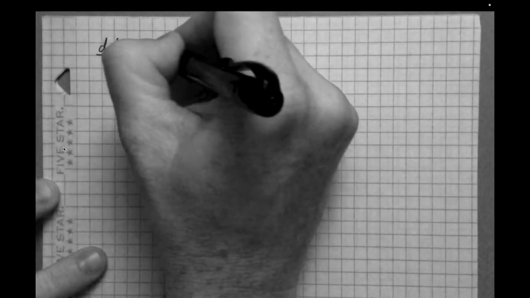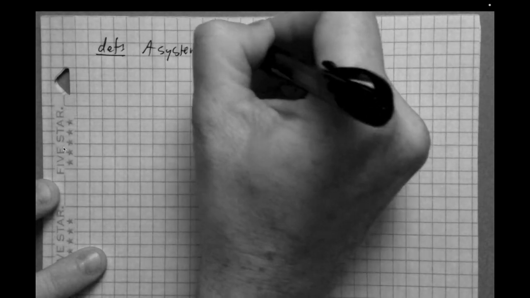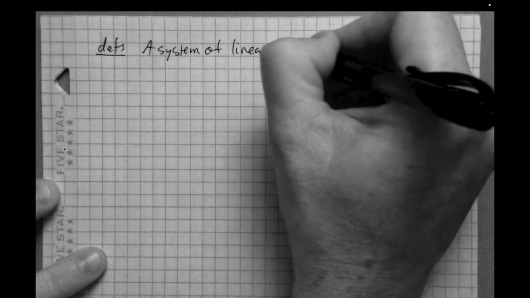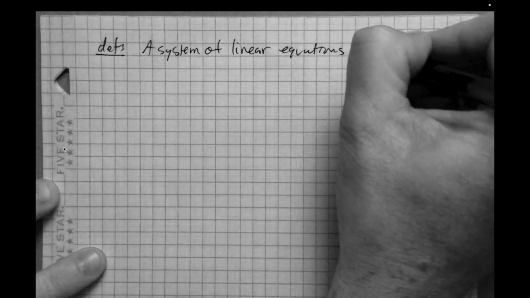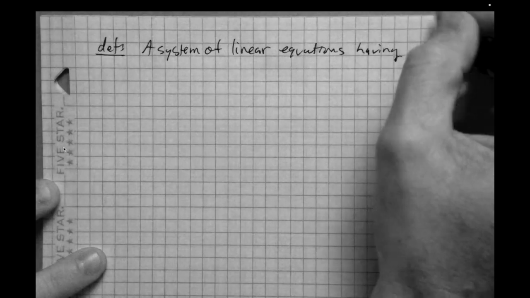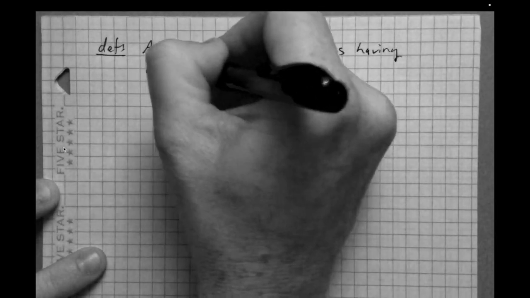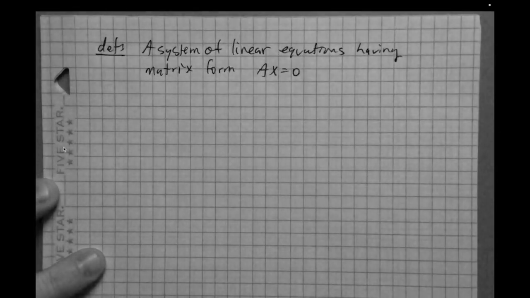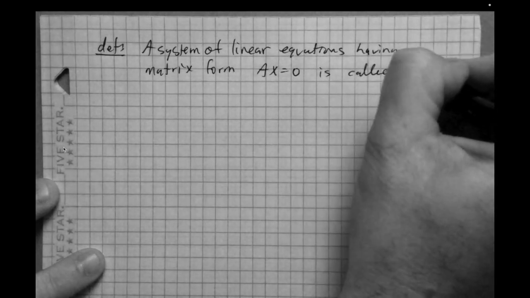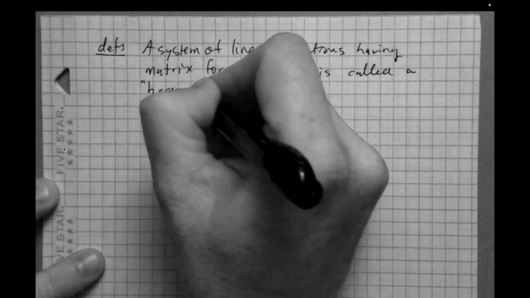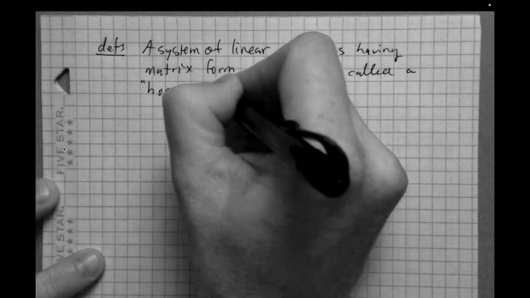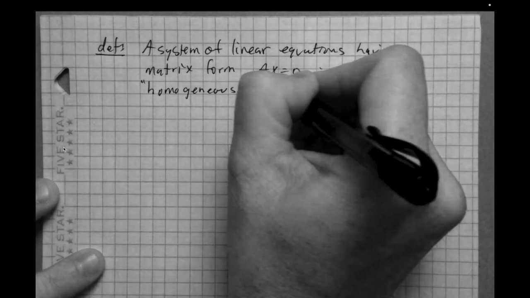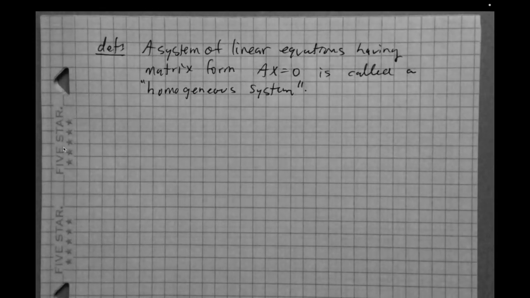Okay, so a system of linear equations having matrix form AX equals 0 is called a homogeneous system. Okay, so a system of linear equations having matrix form AX equals 0 is called a homogeneous system.